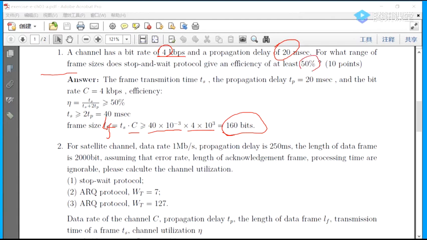If the numbers are different, I believe you can solve the questions. Okay.